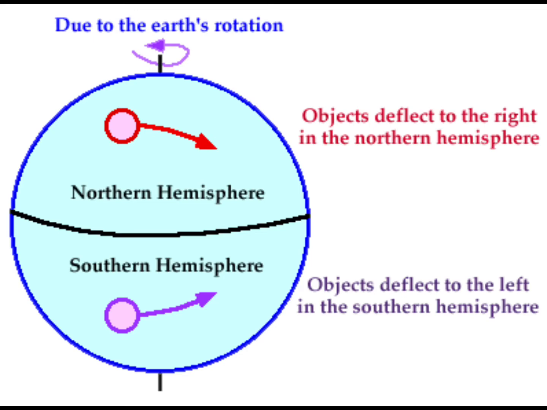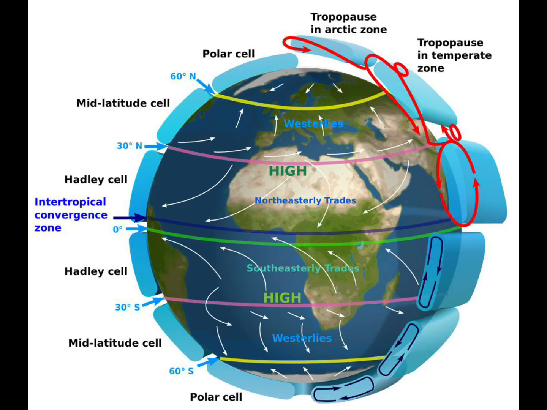So this deflection leads to the pattern of prevailing winds. Between the equator and the 30-degree latitude are the trade winds: the northeast trade winds in the northern hemisphere and the southeast trade winds in the southern hemisphere, as well as the westerlies being the dominant winds between 30 degrees and 60 degrees in both the northern and southern hemispheres.